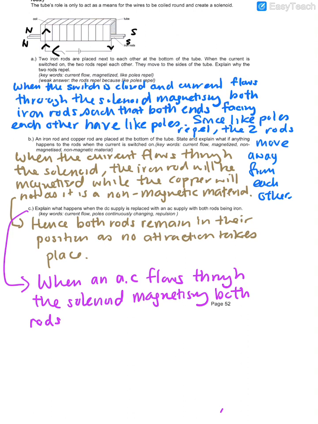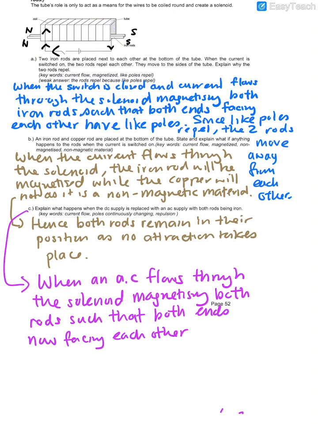So when alternating current flows through the solenoid, magnetizing both rods, it's almost the same, except for a few words you're going to add in, such that both ends now facing each other are continuously alternating poles or polarity.